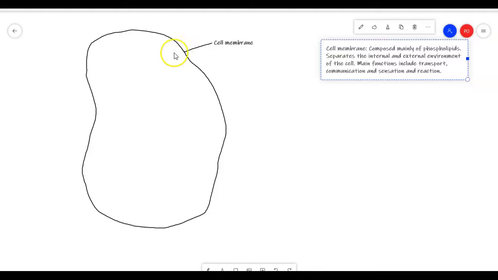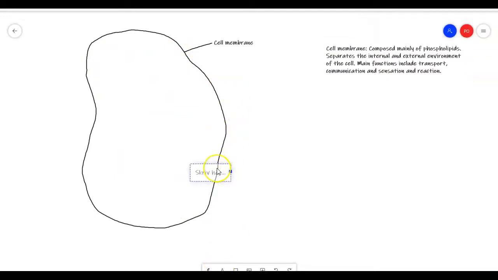By doing this, we also more or less show the inner part of the cell, and that's called the cytosol or cytoplasm. And that's the liquid part inside of the cell here. I hope you see this arrow moving around. So that's the internal environment here. So the cytoplasm is mostly water.